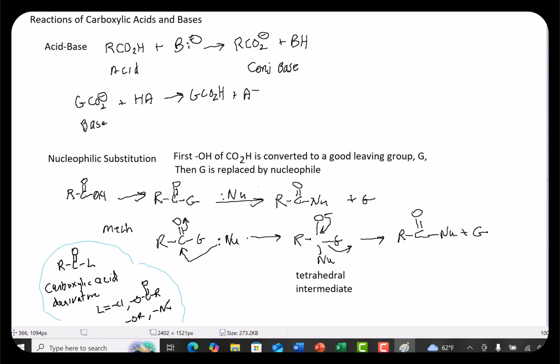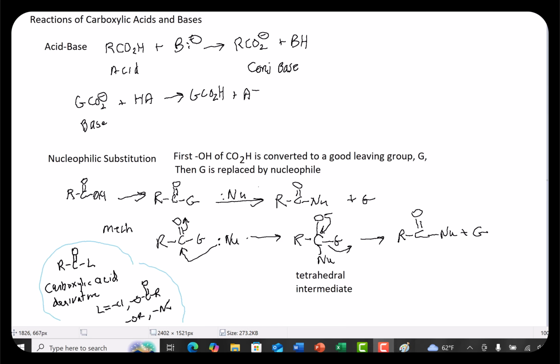Each of these groups is subject to displacement by a nucleophile. We'll have more to say about the details of this process, especially the mechanism, when we work through some of the assignments.